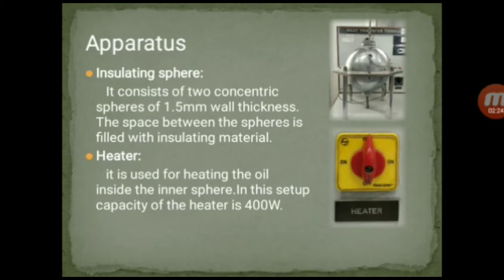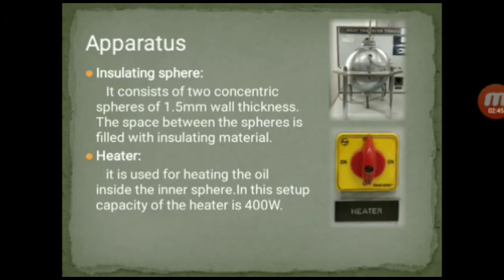The inner sphere is filled with oil. A heater has been installed inside the inner sphere to heat the oil to the required high temperature. The arrangement is such that heat transfer from the inner surface to the outer sphere through the insulating material can be studied.